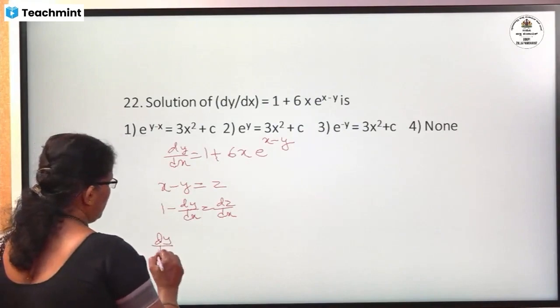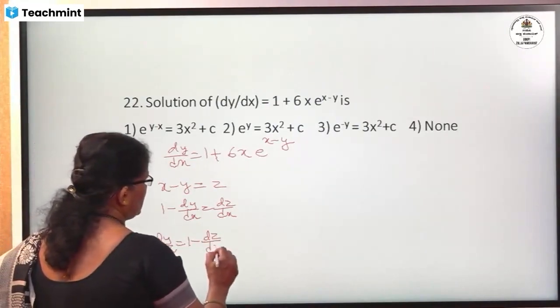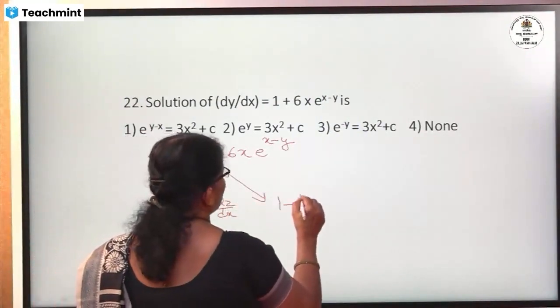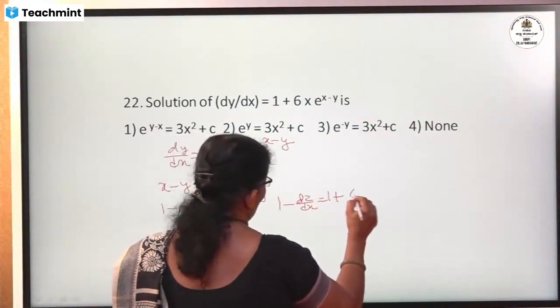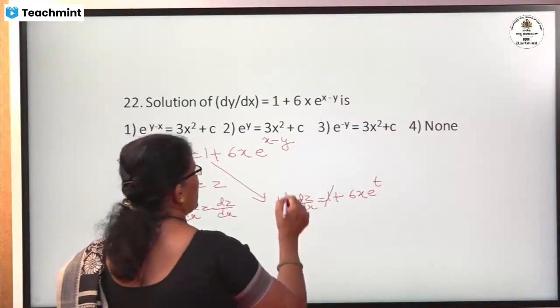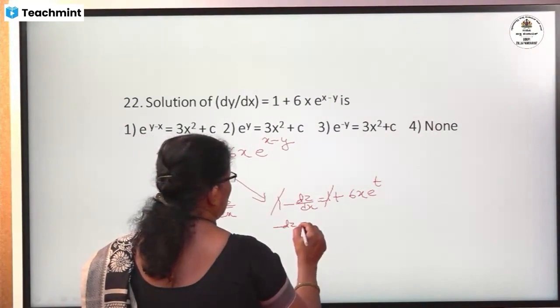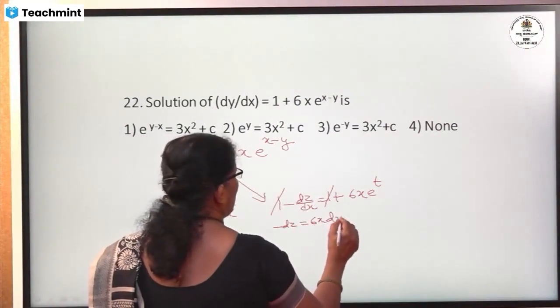Therefore, dy by dx is 1 minus dz by dx. So from here you get 1 minus dz by dx is 1 plus 6x e power minus z. This 1 cancels with this 1. So your minus dz is 6x dx.